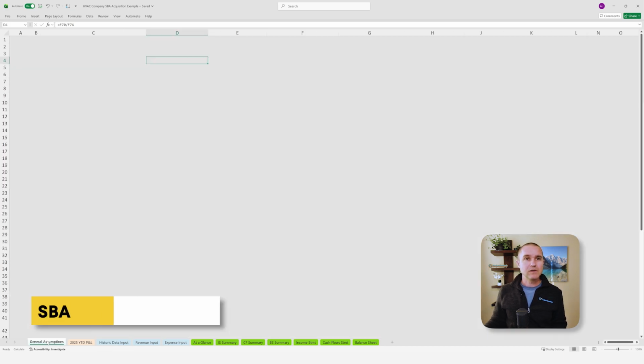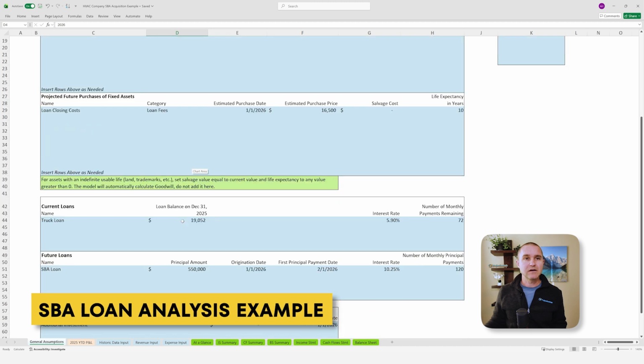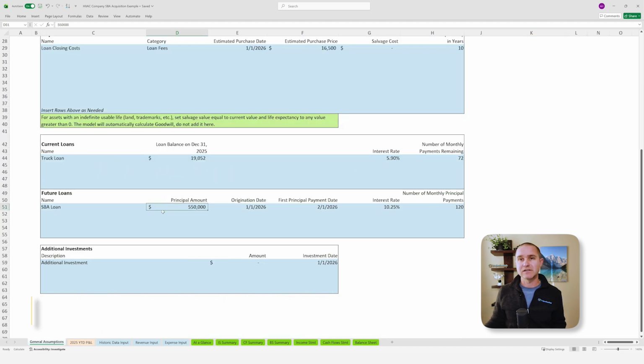We put in the proposed loan amount here, in this case a $550,000 loan. Typically the lender is going to want to see that you can cash flow that loan in each of the last 3 years, especially.